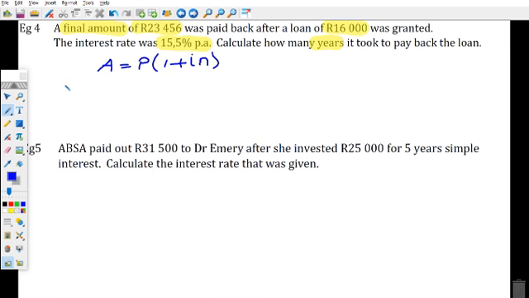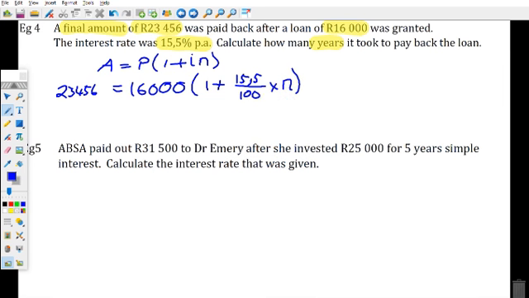So the acquired amount is my 23,456, which is equal to 16,000 times 1 plus interest rate of 15.5 over 100 times n. All right. Okay, work that out quickly. Okay, what did you get?